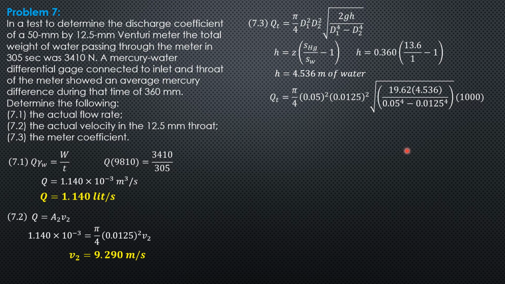So Q theoretical is equal to 1.160 liters per second. Then finally, meter coefficient is actual over theoretical, 1.14 over 1.16. So the meter coefficient is 0.9828. So that's it for this problem in the laboratory.